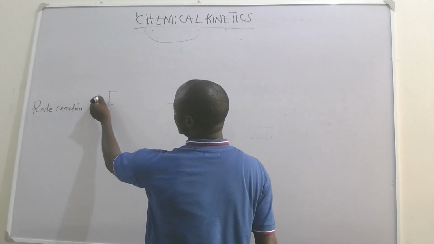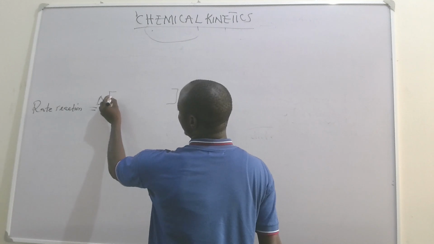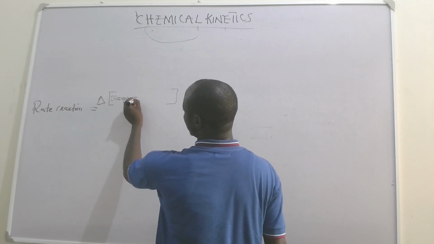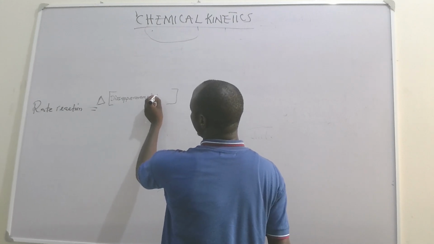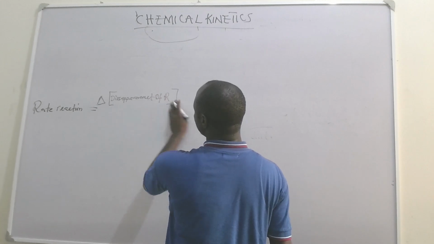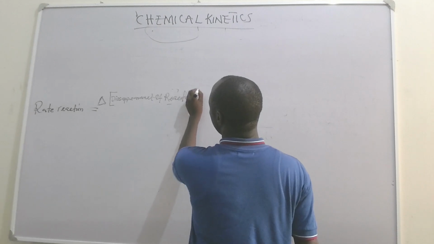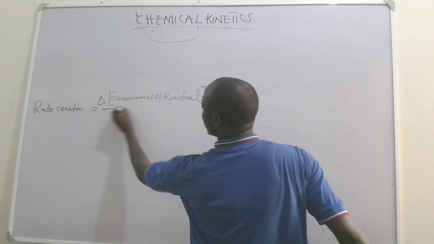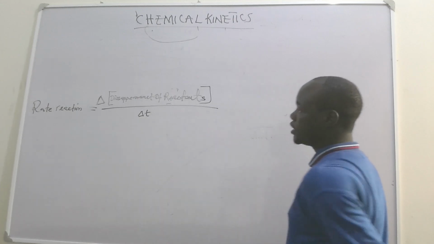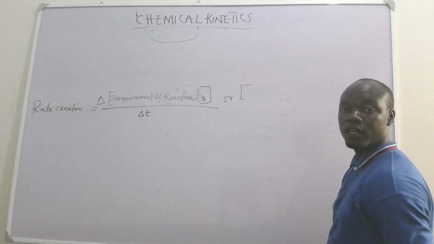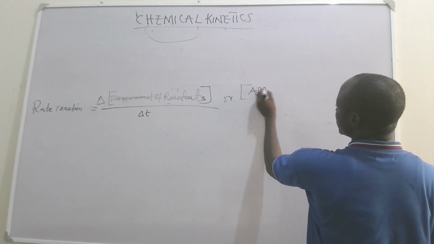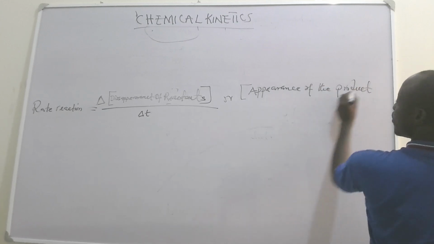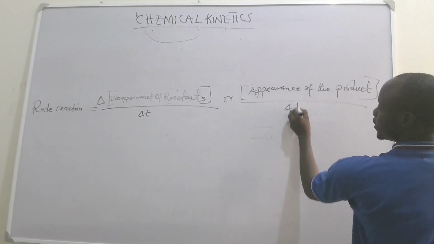So we can measure the rate of the reaction by the change, or by the disappearance of reactants, divided by the change in time, or it can be measured as the appearance of the products with time.